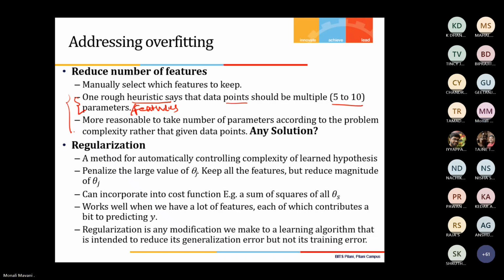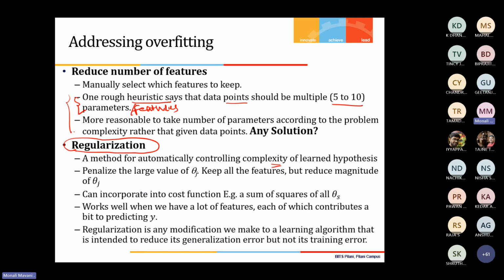We can automatically control the complexity of the hypothesis with something known as regularization. Again, a very important topic. We are learning it with respect to linear regression, but it is applicable to any algorithm, even classification and neural networks.